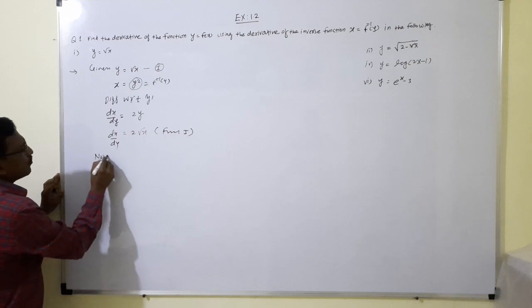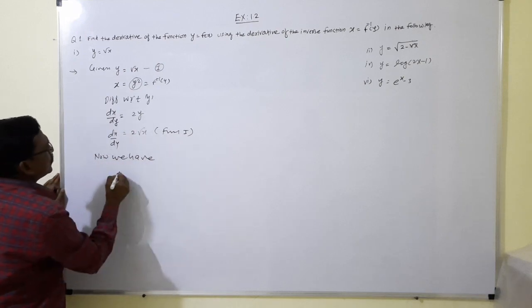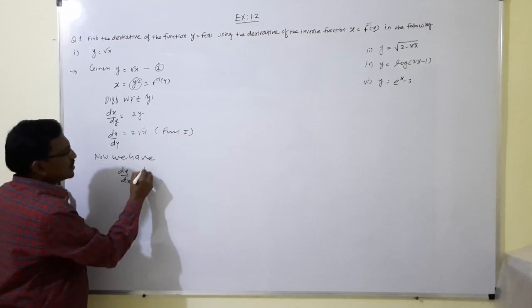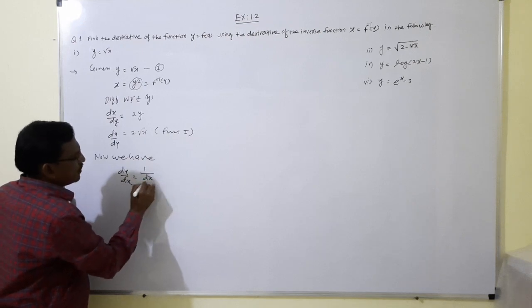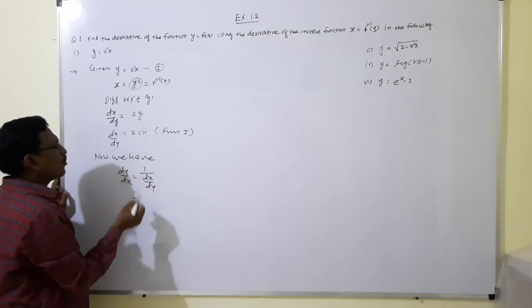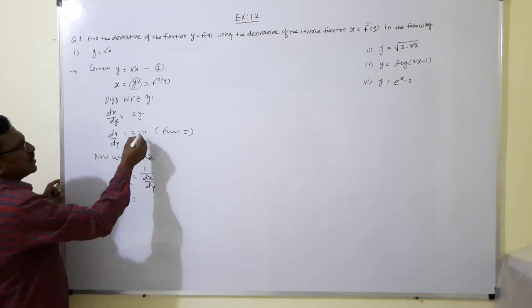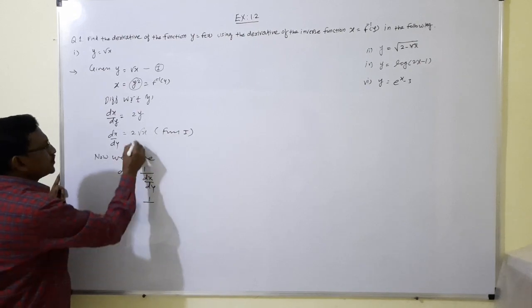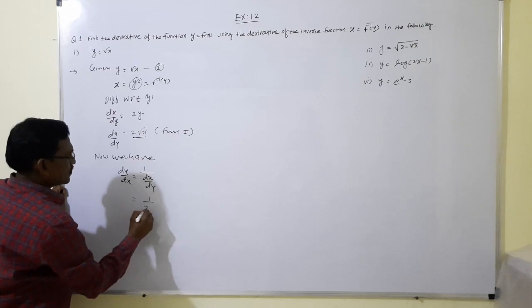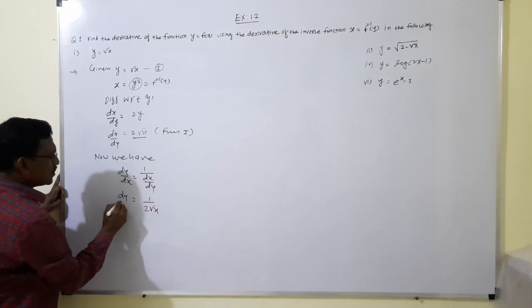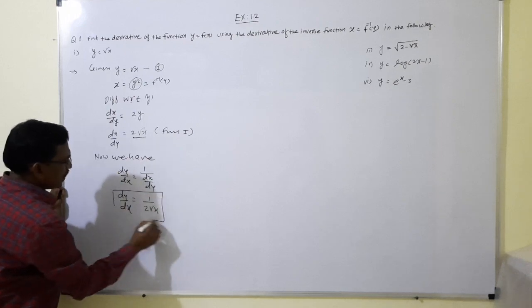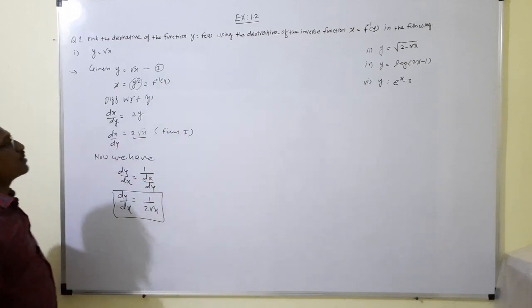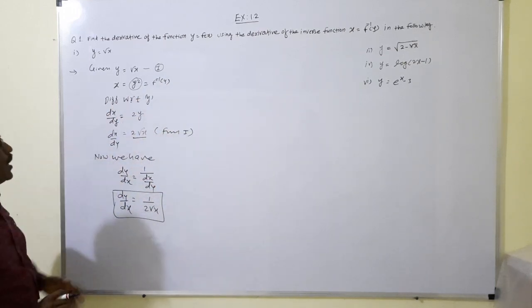Now dy by dx is equal to the inverse of dx by dy, and dx by dy is 2 root x, so dy by dx is 1 by 2 root x. This is the derivative of the function y equal to f of x in terms of its inverse function, x equal to f inverse of y.